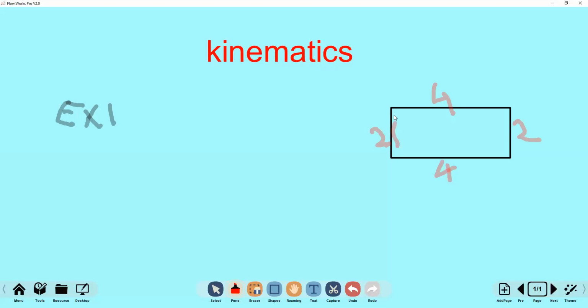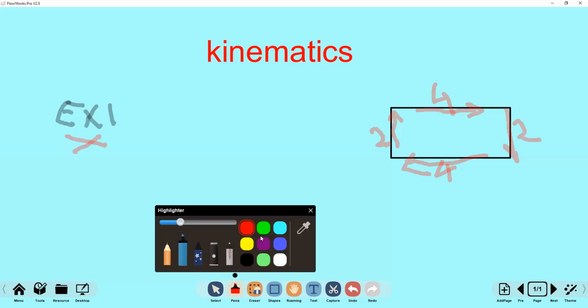The 2 meters up is north, this is west, this is south, and this is to the east. So how do we calculate? Number 1, we first calculate the distance.